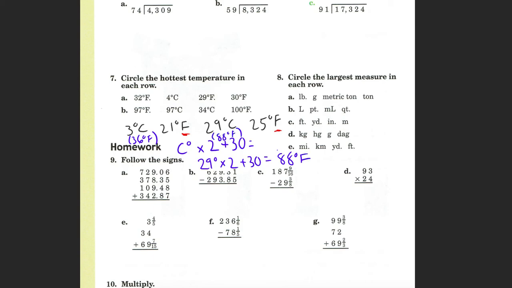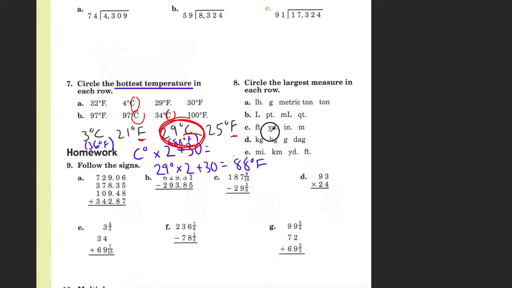Okay, which one's bigger? What's the hottest temperature? 36 degrees Fahrenheit, 21 degrees Fahrenheit, 88 degrees Fahrenheit, or 25 degrees Fahrenheit. Of course, the biggest number, right? This one right here would be my hottest temperature. So do the same thing here. Change all these Celsius degrees to Fahrenheit to help you compare easier.